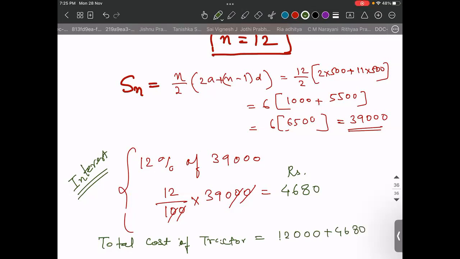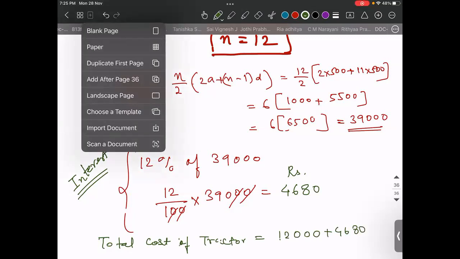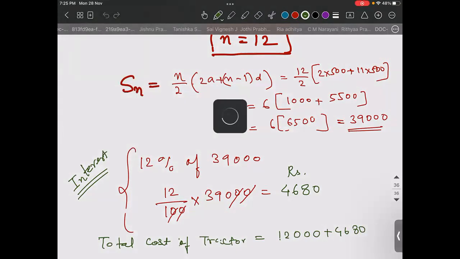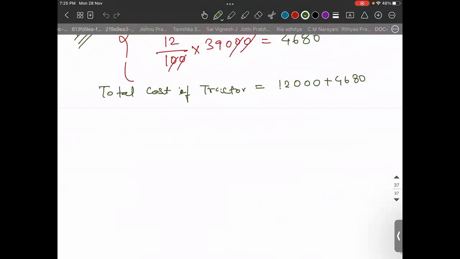How much will be this? 16,680. So that will be the amount paid by the farmer. He is paying in 12 months, that means 1 year. So he is paying 16,680 rupees.